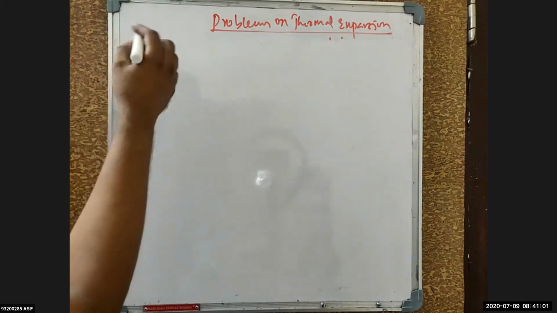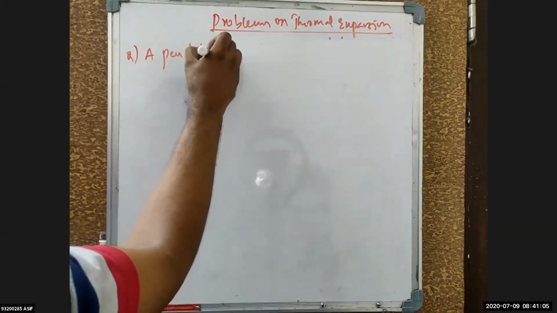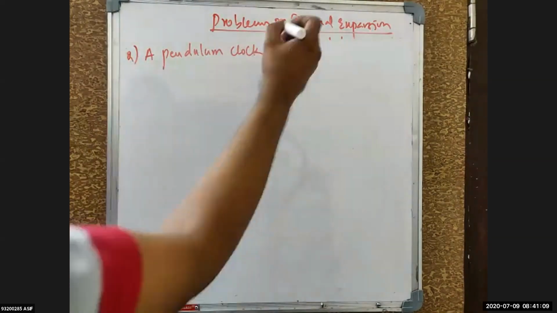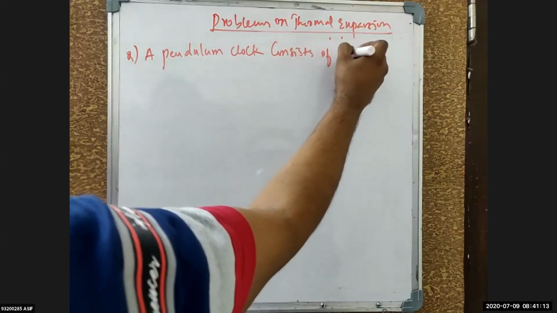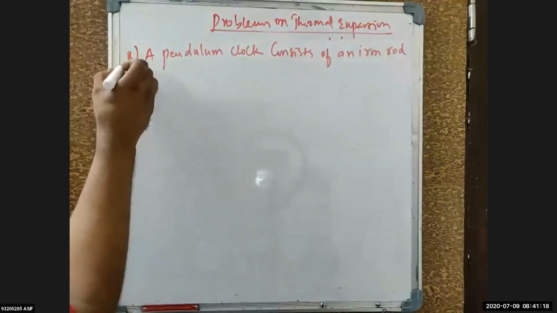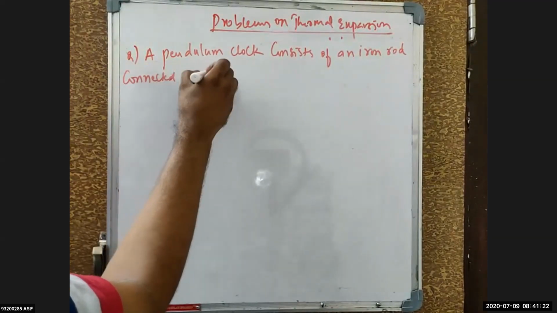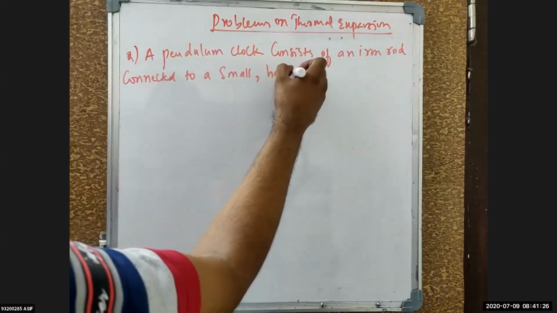Say for example, a pendulum clock consists of an iron rod connected to a small heavy bob.